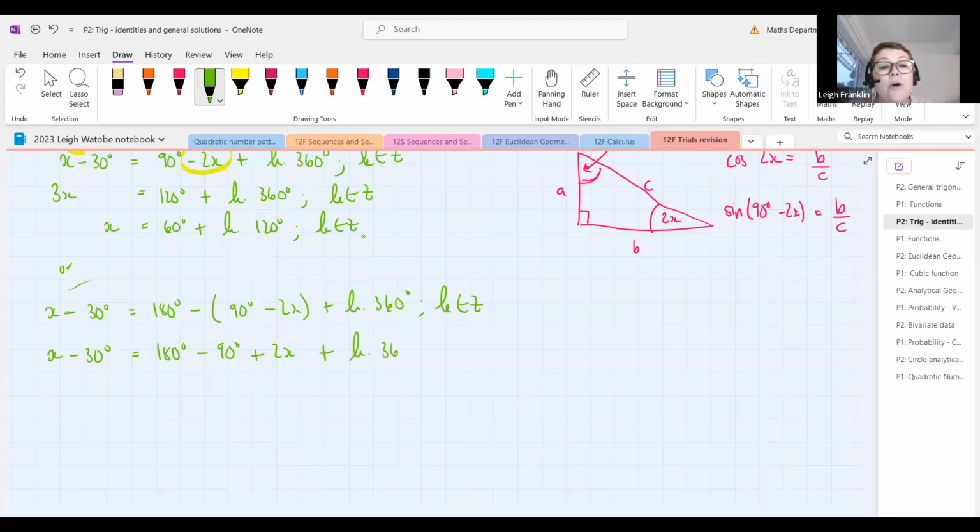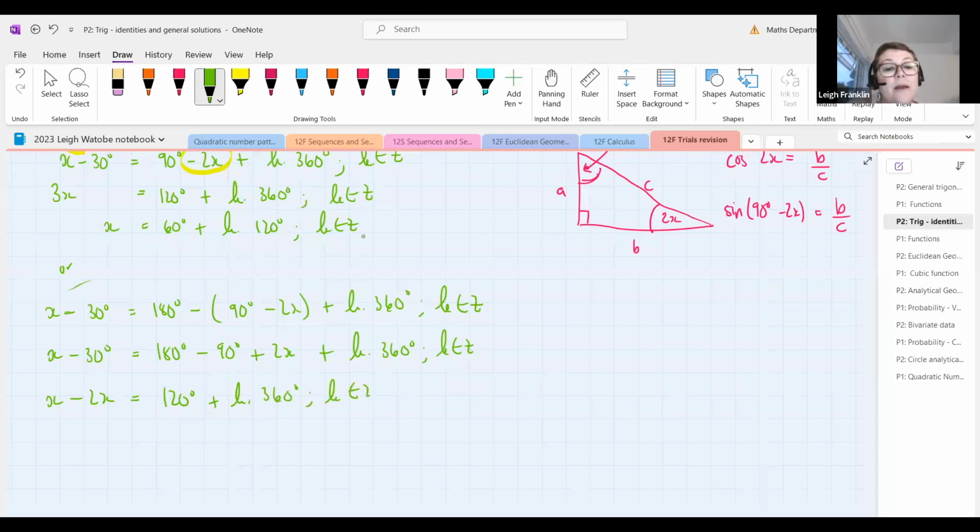And now I can go ahead and collect like terms on either side. So here I would end up with x minus 2x. Here 180 minus 90 is 90. 90 plus 30 would leave me with 120 again.